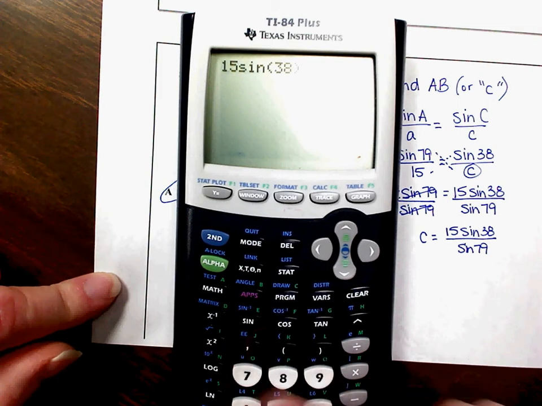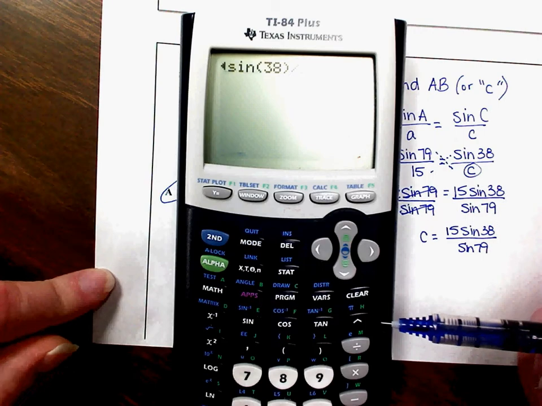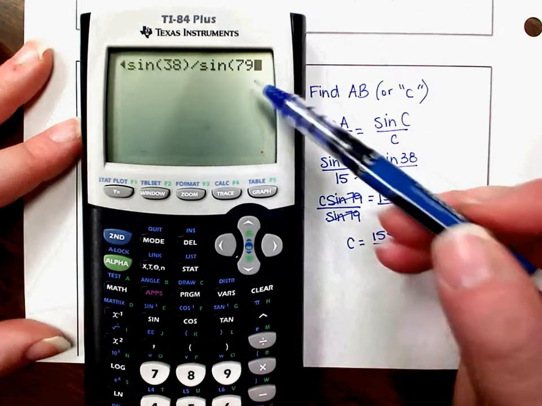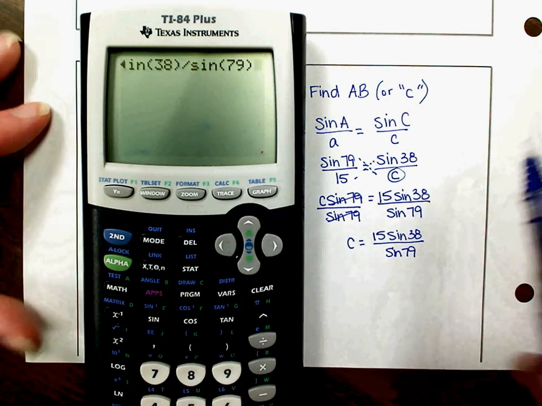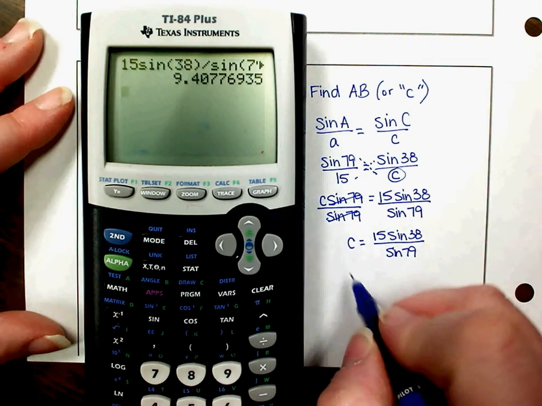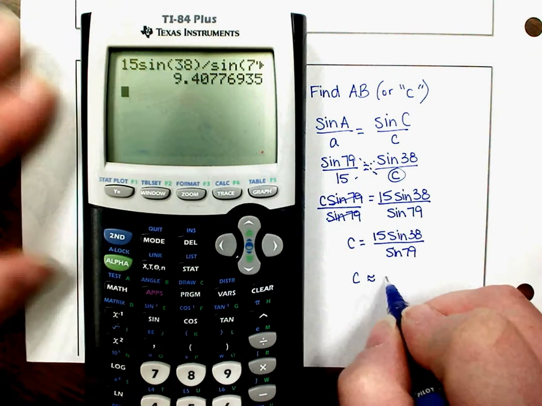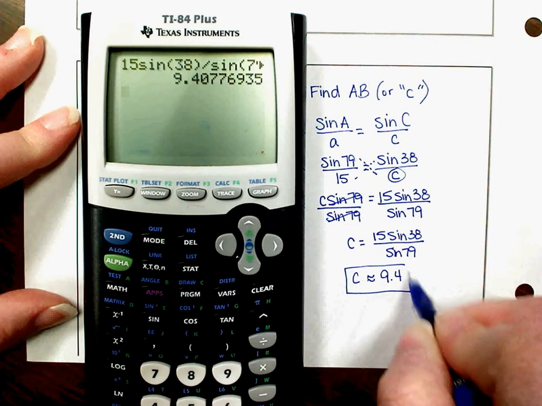Now it really doesn't matter to your calculator if you close that one or not since it's at the end. You can't see that, there was a glare. But it really doesn't matter if I close that parentheses or not. I'm OCD, so I just like to close my parentheses. But then I can press enter and round to the nearest tenth. So C is approximately 9.4. It doesn't give me units, so it's just 9.4 is what our C is.